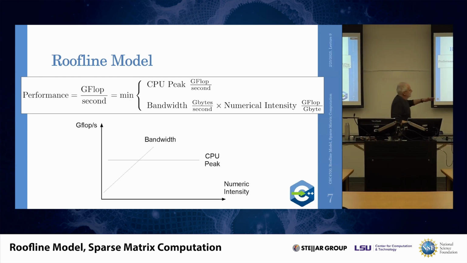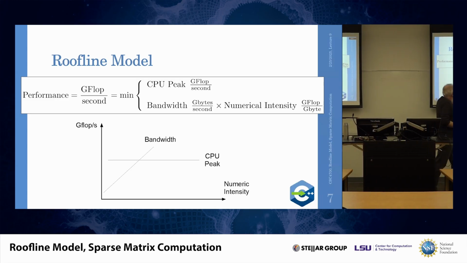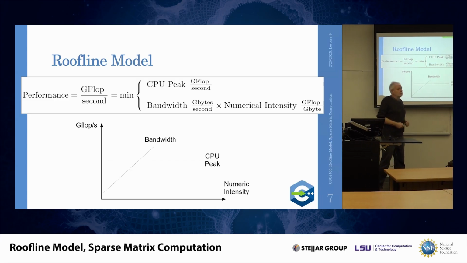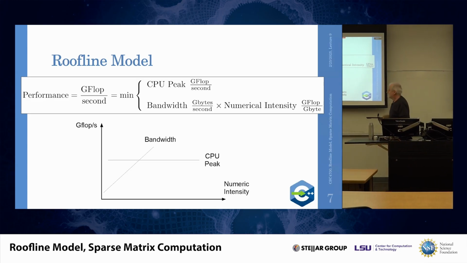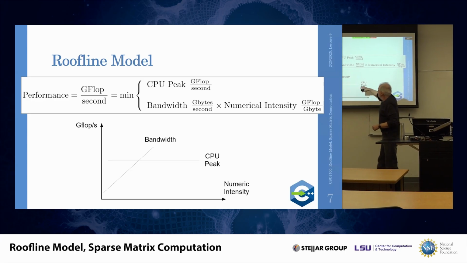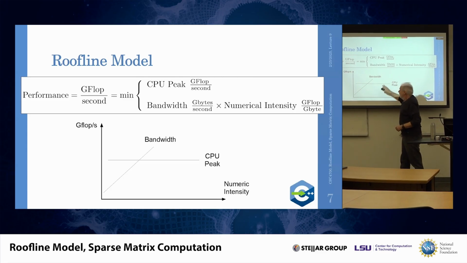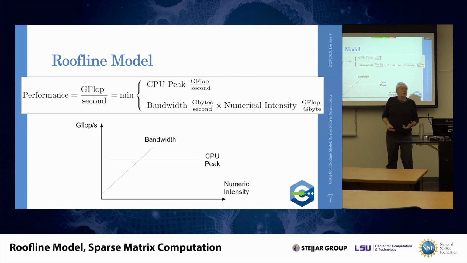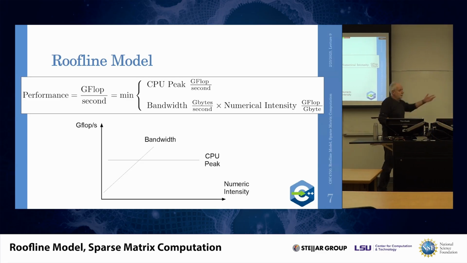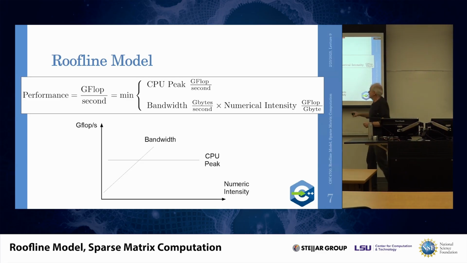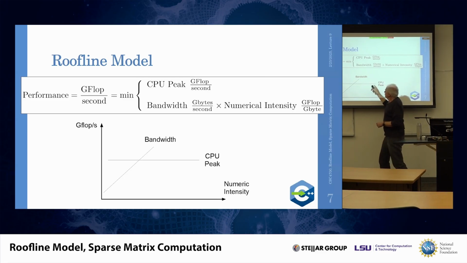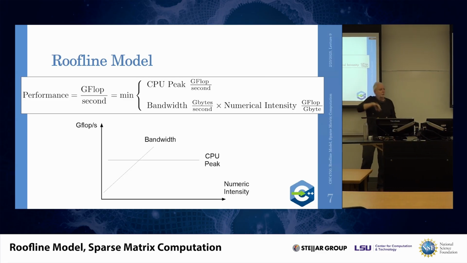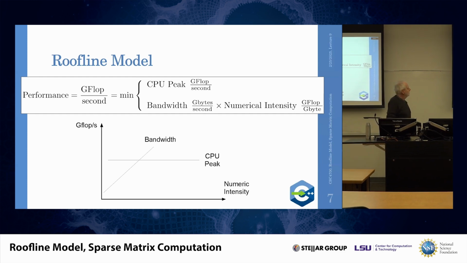So what this graph gives us is a maximum of achievable performance for a particular platform given a certain numerical intensity. Everything below these two lines is possible. Everything above those lines is theoretically not possible. Okay? And that's why it's called the roofline graph. This is the ridge point. And if you squint at it, it has the shape of a roofline. That's why it's called the roofline model.